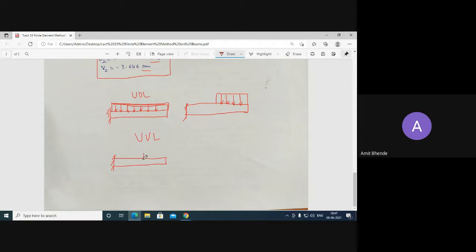So this is the UVL case. Or there may be a case where the load is applied to the entire span of the beam.